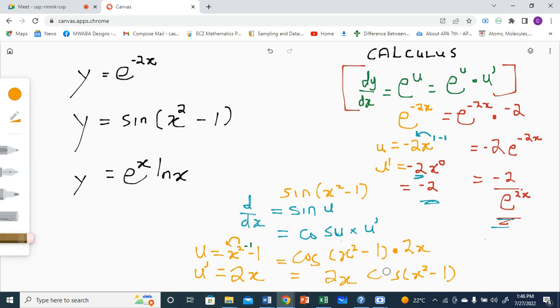Queries, clarifications? Questions, clarifications?